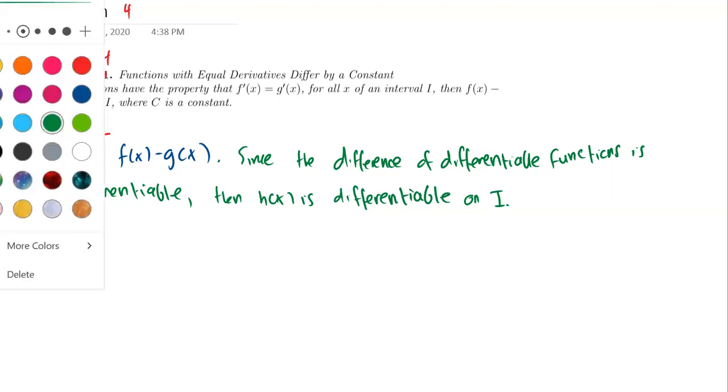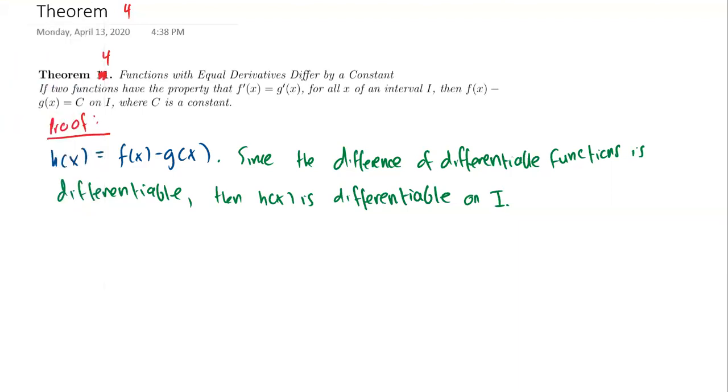Now, by definition of derivative, we know what h prime of x is. We can calculate it. You just take the derivative of each term. That's the sum or difference property of the derivative. This is f prime of x minus g prime of x. Now, what do we know by assumption?